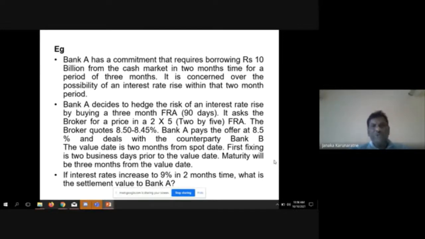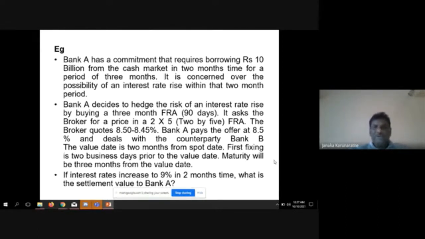Let's say the broker quotes a price of 8.5 to 8.45. So bank A pays the offer at 8.5% and deals with the counterparty bank B on the value date. These are quoted in a different way. You are the buyer, so you have to pay 8.5, right?